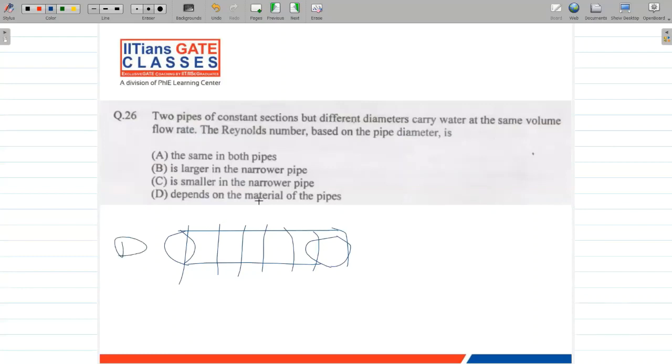So one has a diameter D, and the other one has a diameter, let's say D prime for that matter. And they carry the same volumetric flow rate. So volumetric flow rate, let me represent by V dot. All right. And they want us to find how the Reynolds number based upon the pipe diameter looks like for both these guys. So let's try and do that.